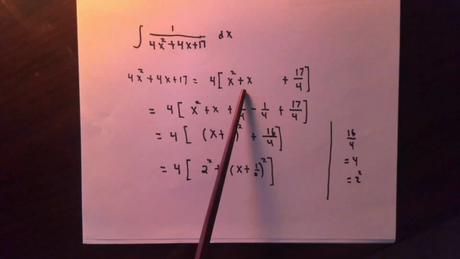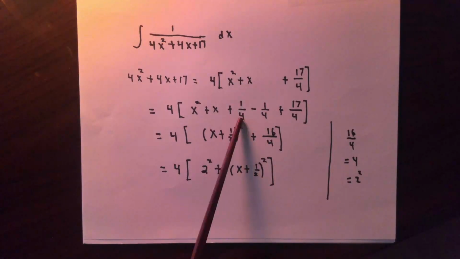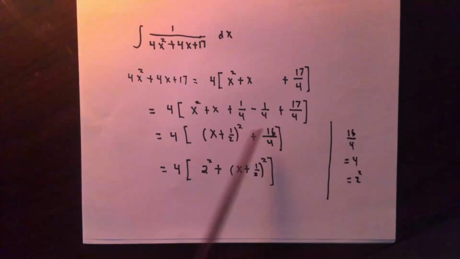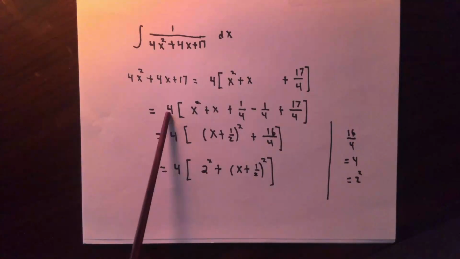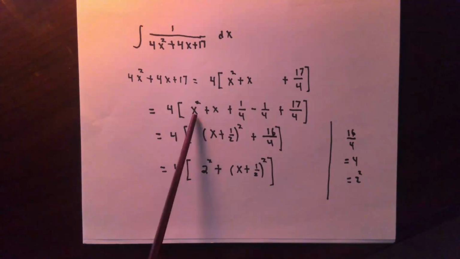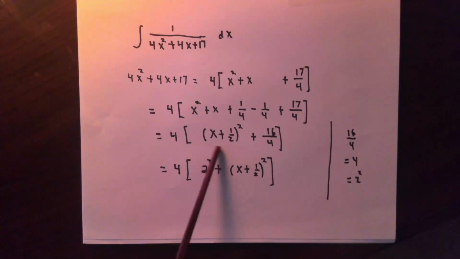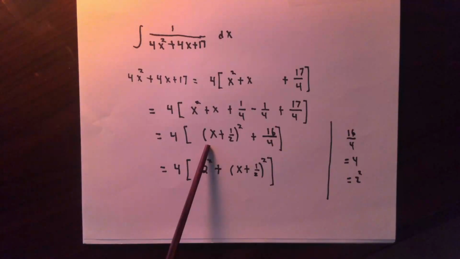The coefficient of the x bit is 1. This is 1 times x. If you divide that by 2, you'll get a half, and I wish I had 1/2 squared added in. So I'll do that and correct for it. Then I have to deal with algebra. I've got my 4 outside the brackets. The first 3 terms amount to x plus 1/2 squared.